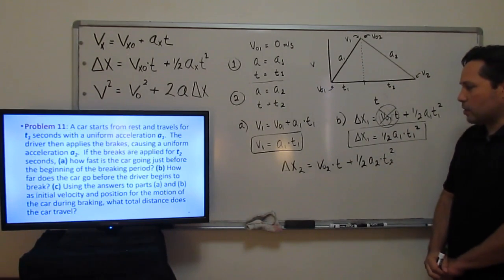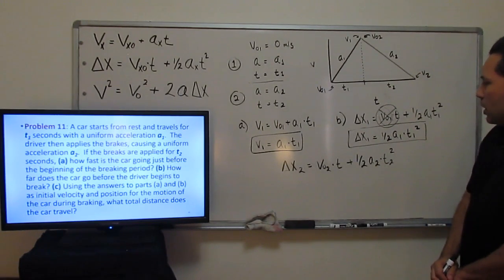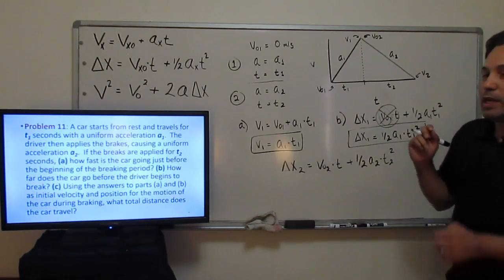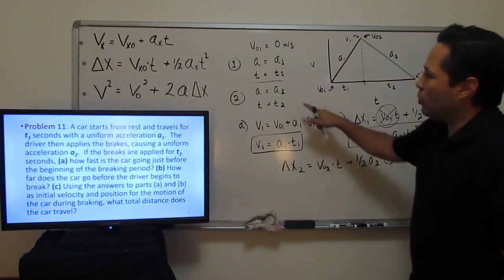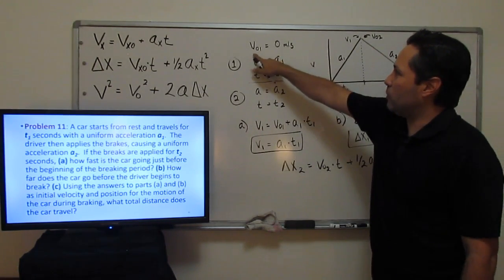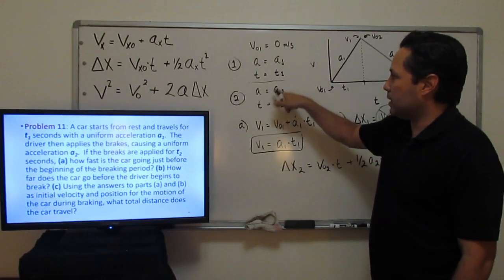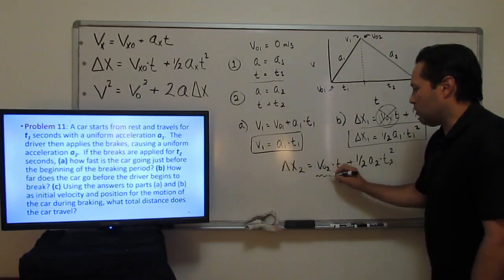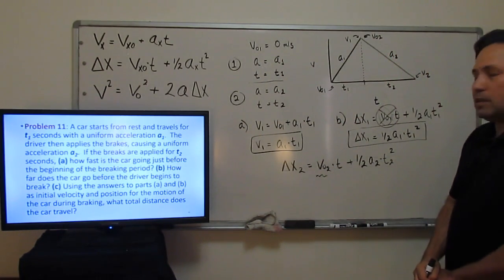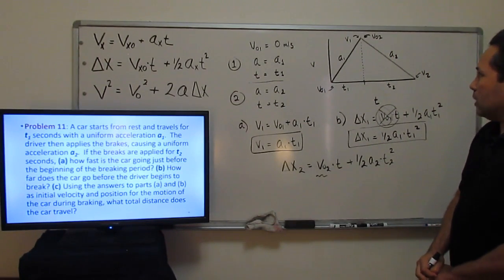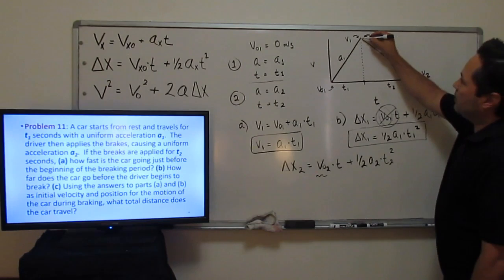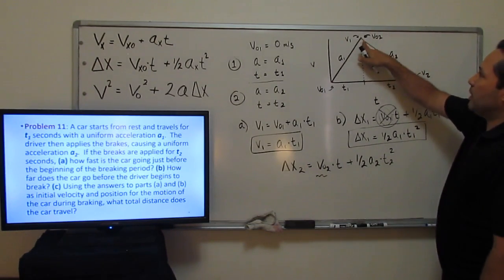Alright, so that's the formula that we're going to use, and there is a bit of a problem because in these AP style problems they only want you to use what they've given us. So they gave us that, they said it was at rest, they gave us that. They never give us that, so we cannot have it. It cannot be part of the formula. Alright, so what do we do then? Well, I want you to notice that this line and that line meet there.